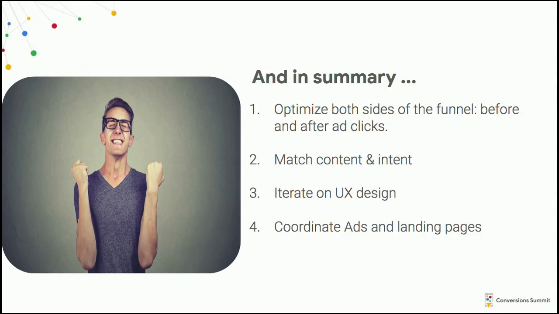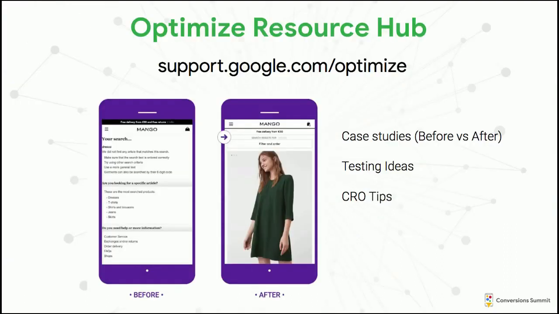Then iterate on the UX design. I'm sure a lot of you have great designers, and it's important that you're iterating on your design constantly. And the fourth part is making sure there's symmetry between your ads and the entire site that you have.